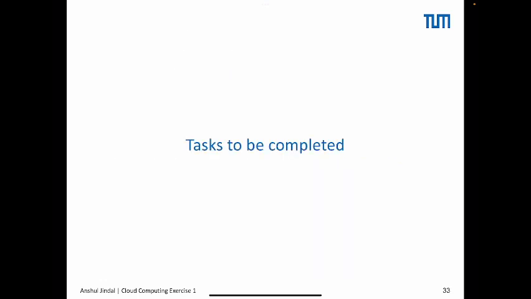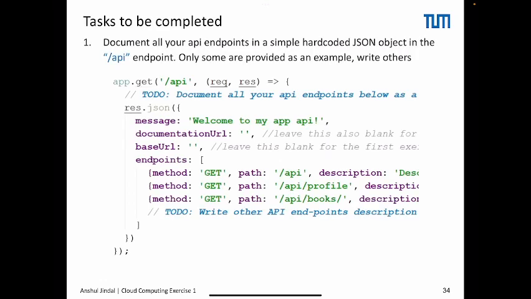And now the last thing is the tasks which you have to complete. The first thing is the /api endpoint, which is missing. This API endpoint is just documenting all the API endpoints which you have in the application. Currently we are only hard coding it, but there are tools like Swagger, etc., which can be used.